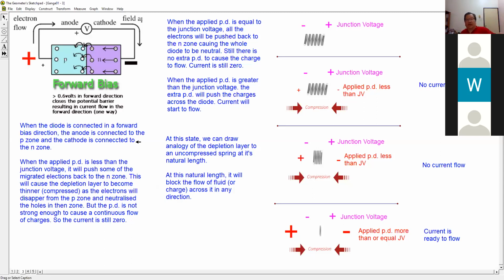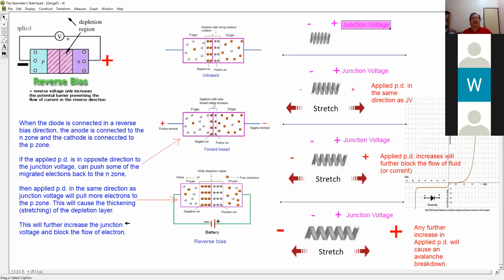And if the voltage is more than the junction voltage, the current will flow through, because you are compressing the depletion zone until the positive charge can flow through. I'm talking about the conventional current. So if no question, then we go on to the reverse bias.